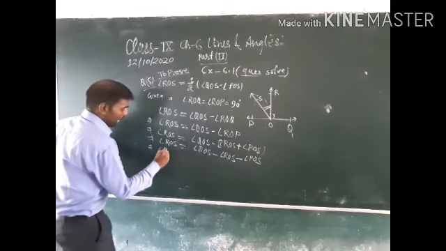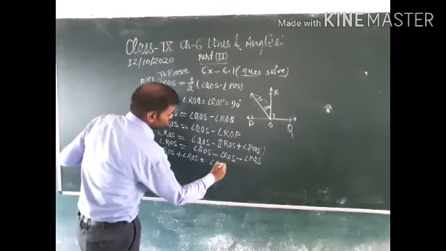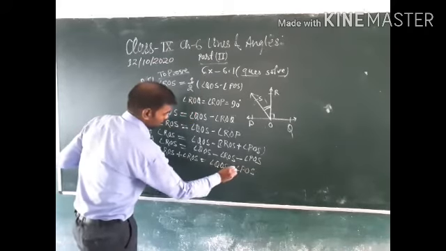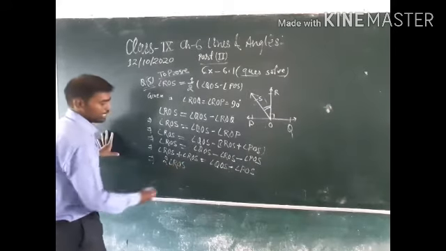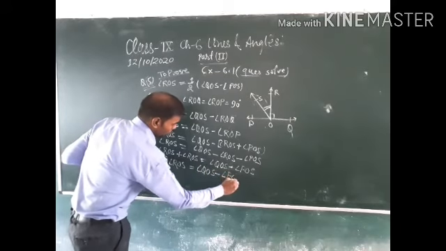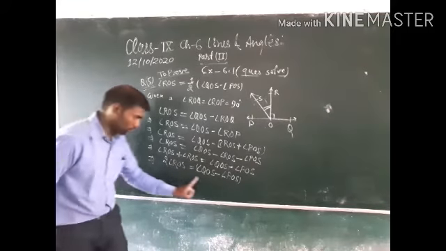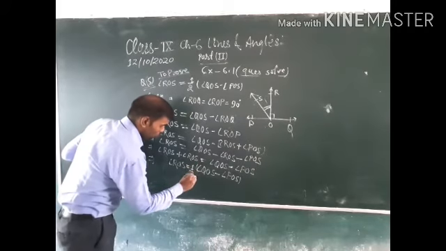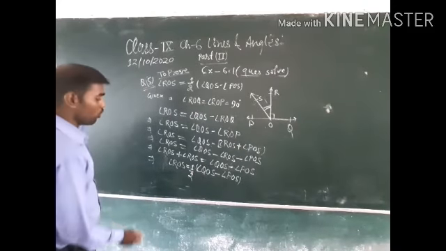So angle ROS plus angle ROS is equal to QOS minus POS. So 2 angle ROS is equal to angle QOS minus POS, and the 2 goes to the other side. So ROS is equal to 1 by 2 into (QOS minus POS).